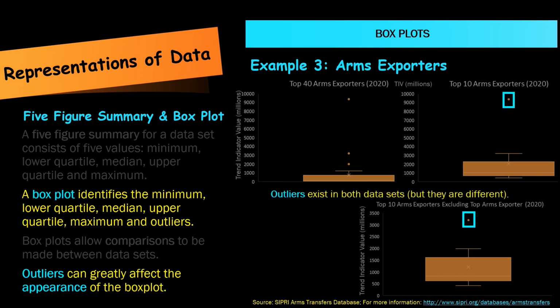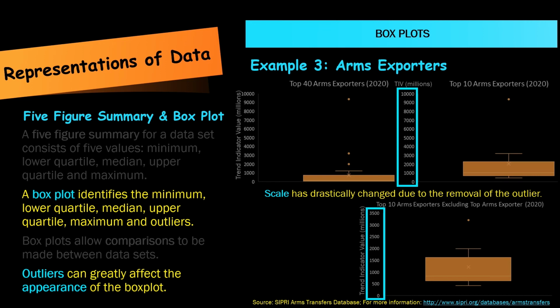Notice that outliers exist in both data sets, but they are different. Take a look at the y-axis and notice how much the scale has changed. And it has actually obviously changed because of the removal of the outlier.